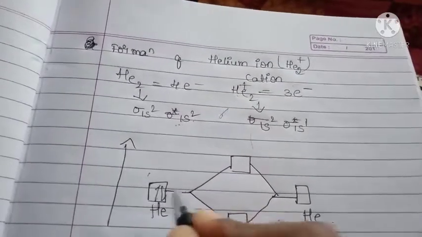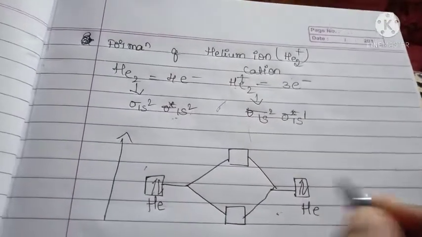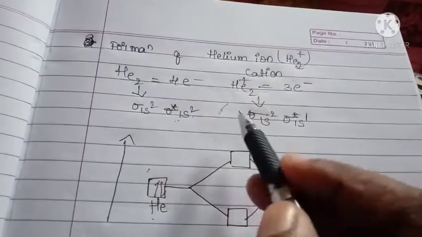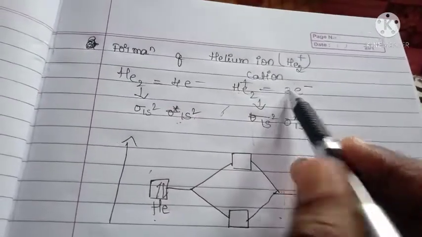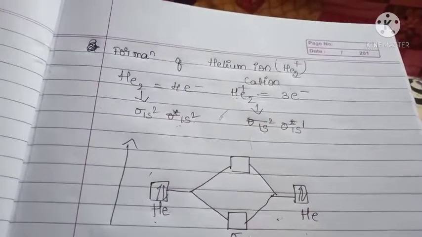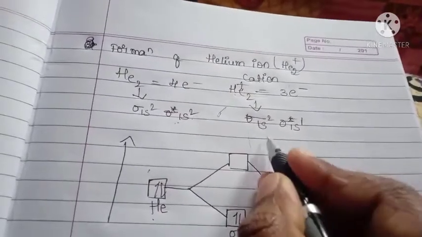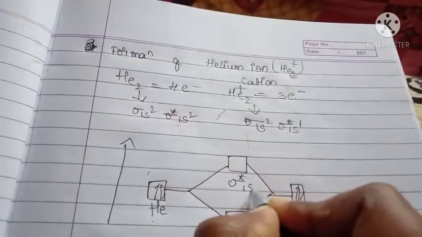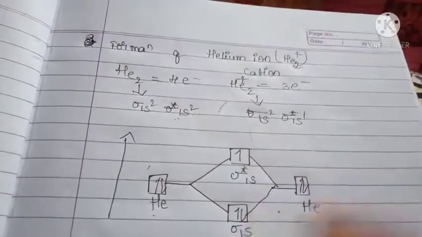Here this is the same, because they are not removing the electron from the helium atom, they are removing it from the helium molecule. Here sigma 1s has 2 electrons, and sigma star 1s has 1 electron.